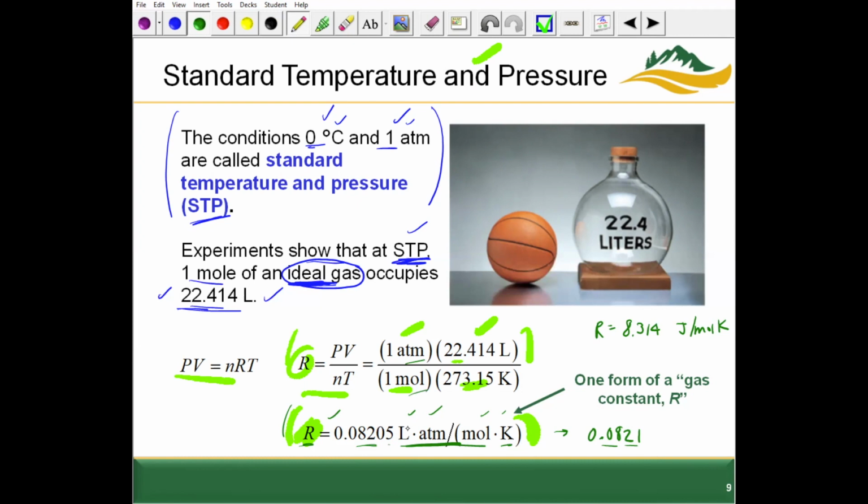If pressure is in atmospheres, then we'd use this gas constant. If somehow we have a pressure that's now in joules, then we might use this gas constant. So 8.314 joule per mole Kelvin is another possible value for our gas constant R that you may need to use in solving these ideal gas law equations.